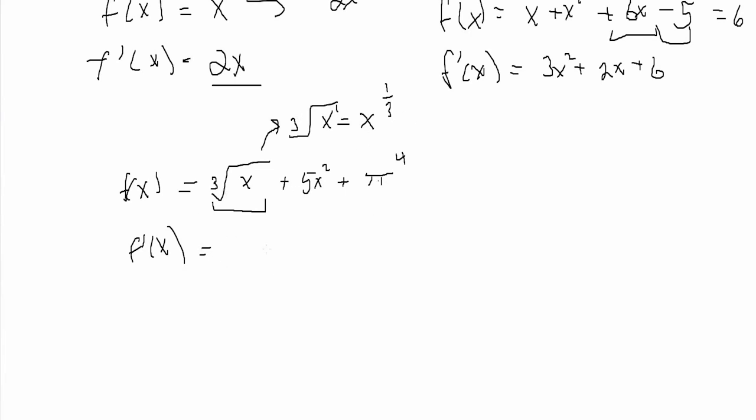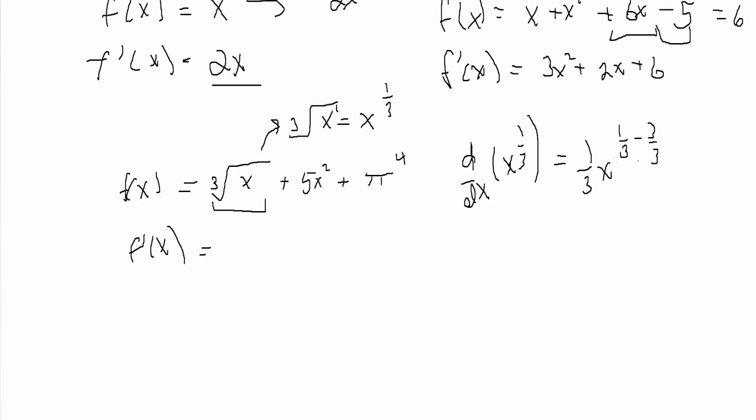So now we could say, what's the derivative with respect to x of x to the 1/3? So recall that we bring the exponent down, so it becomes 1/3 x, and then we take that 1/3 and subtract 1. But in this case, because we're subtracting fractions, we can just write it as 3/3.